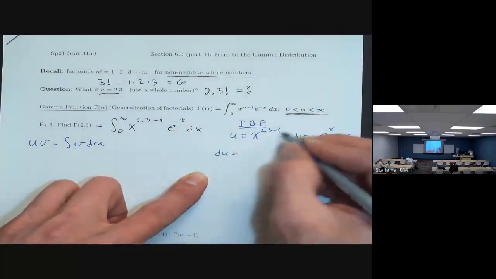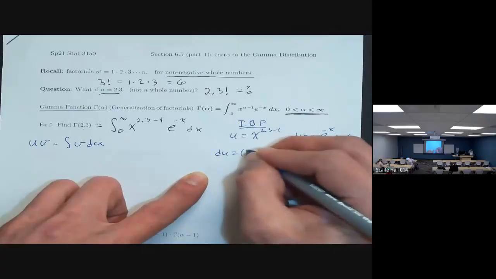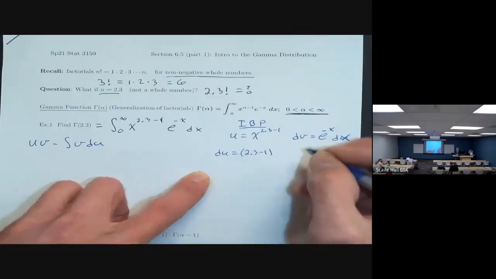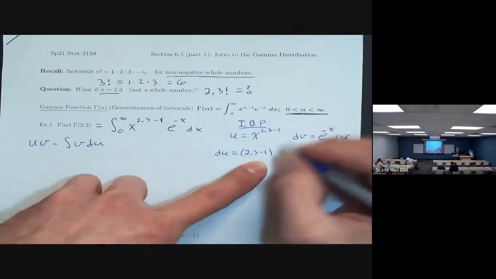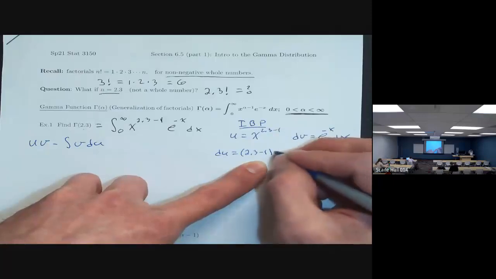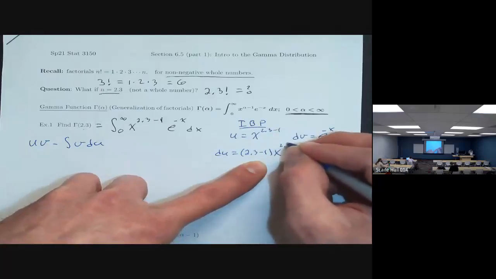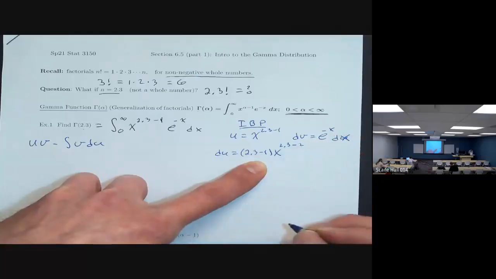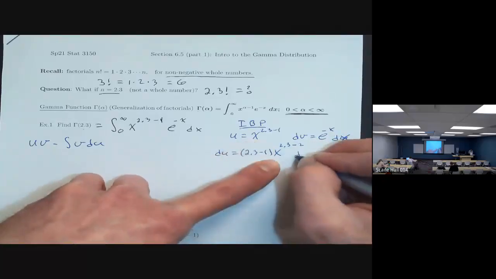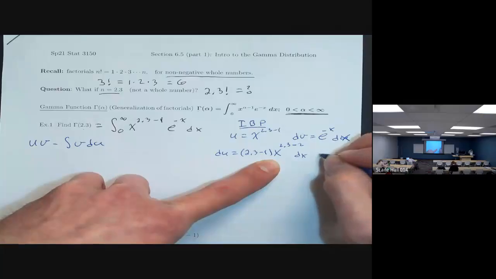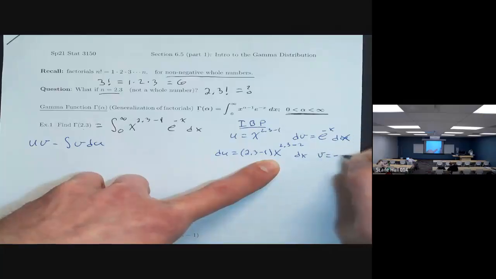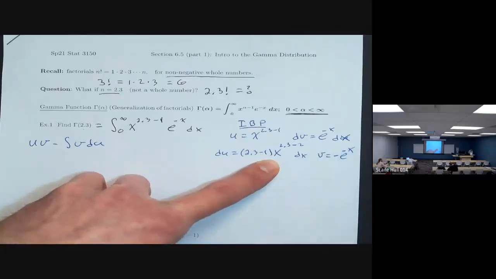So du, taking the derivative, I have 2.3 minus 1, that power comes out in front, times x to the 2.3 minus 2 power, and v is negative e to the negative x.